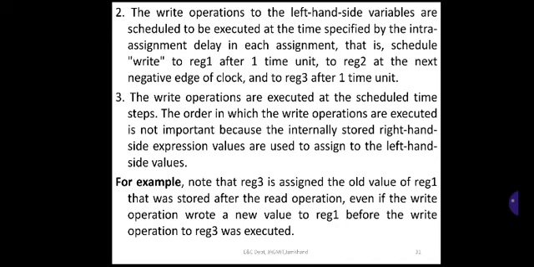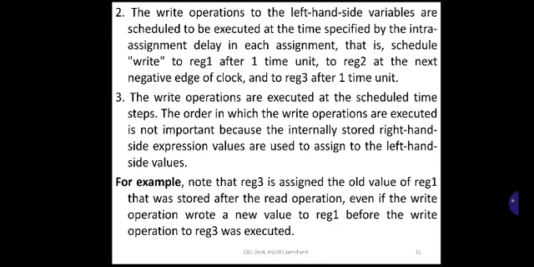We have seen a statement that reg3 is equal to reg1 after 1 time unit. The reg1 value was calculated previously, so even though the first statement assigns reg1 a new value, this old value is not going to change, because the evaluation of the third statement already happened in the read operation, and the old value of reg1 is stored temporarily internally by the simulator.